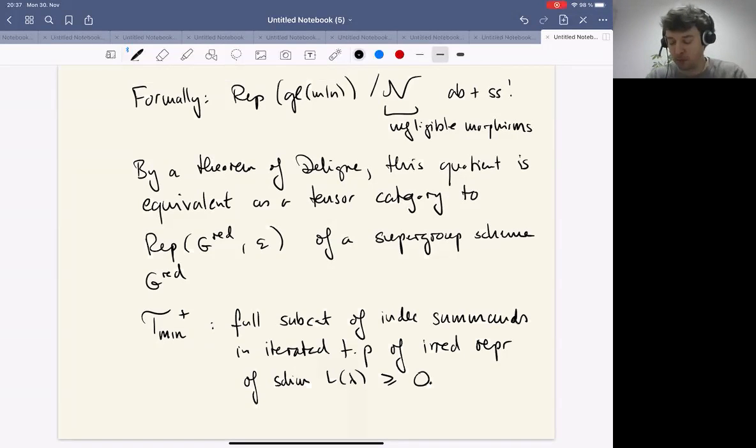And then I pick up all the indecomposable summands, and I tensor everything together, and that's my subcategory. And I semi-simplify this. Okay, and this is again equivalent as a tensor category to some, now I need a new name, maybe G_red irreducible.